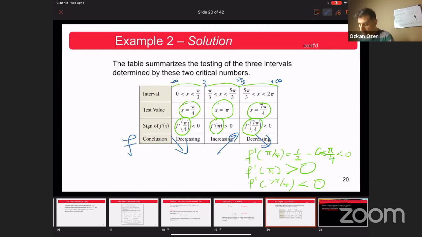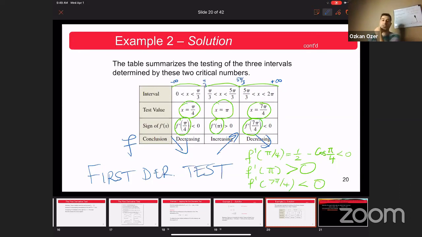Okay. So now, this was the first fact that we used. So now I want to use the first derivative test to determine the relative extrema, if there are any. And for that one, here is the description.